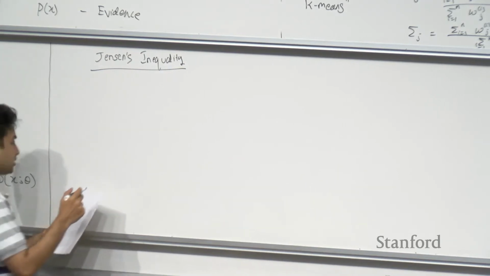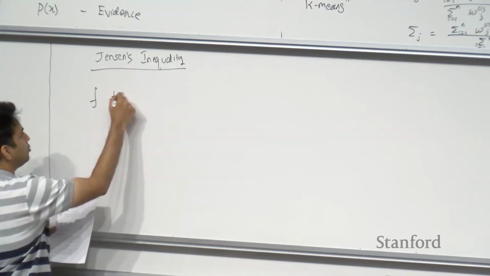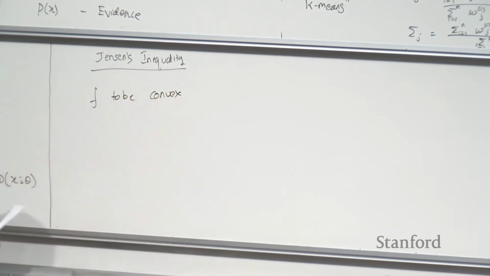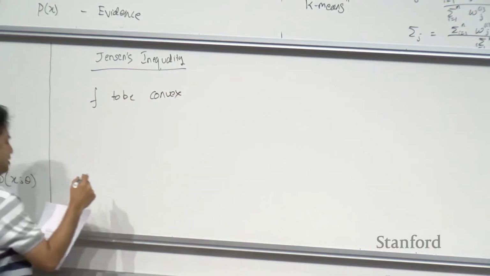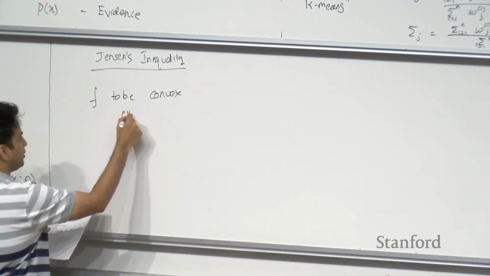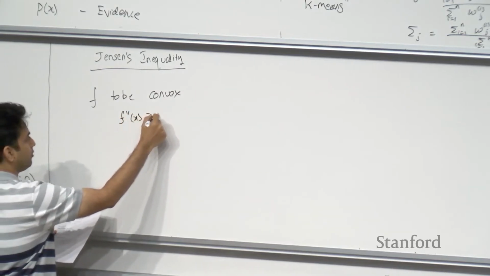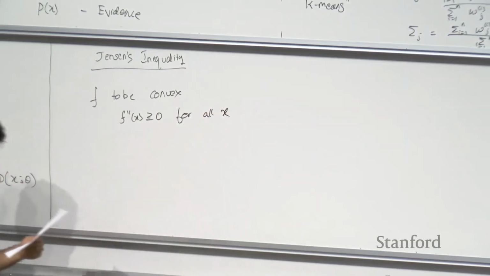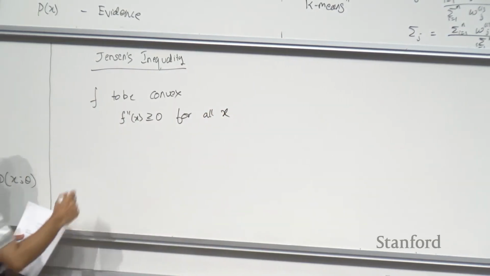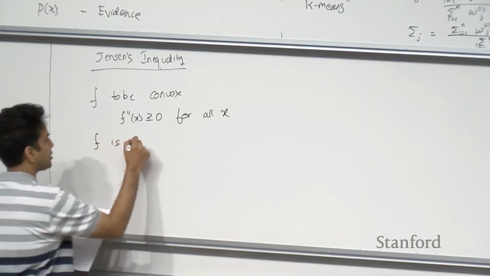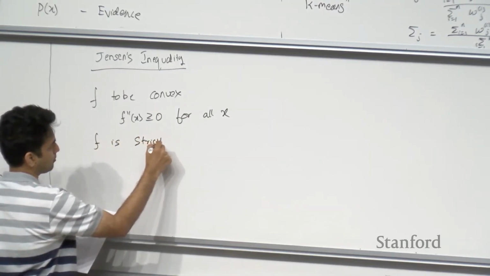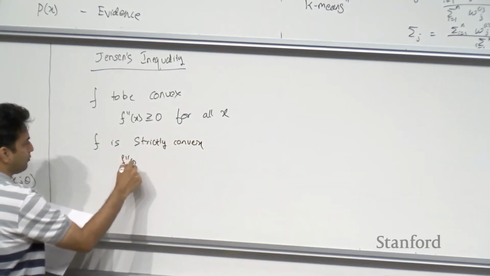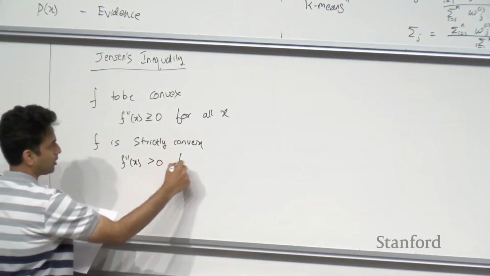So let's assume a function f to be convex, which means f double prime of x is greater than or equal to 0 for all x. And we say that f is strictly convex if f double prime of x is greater than 0 for all x.